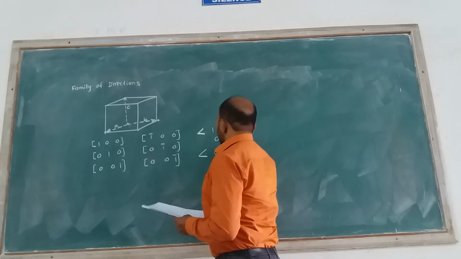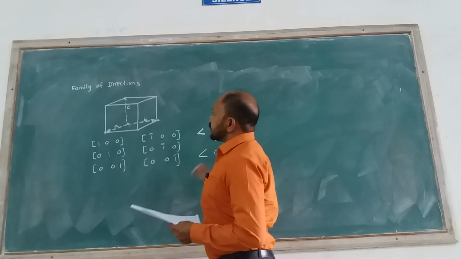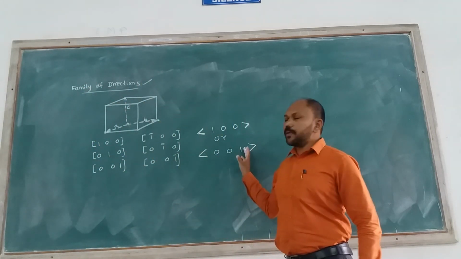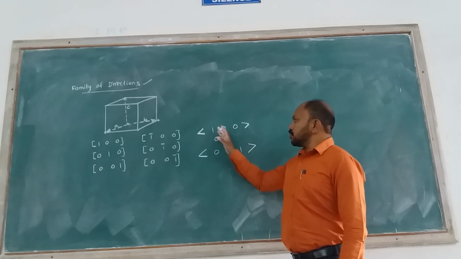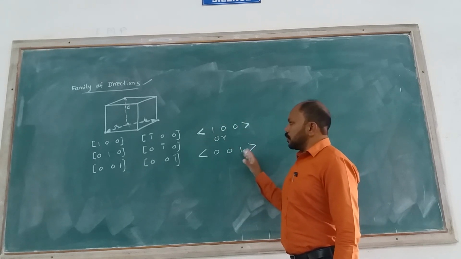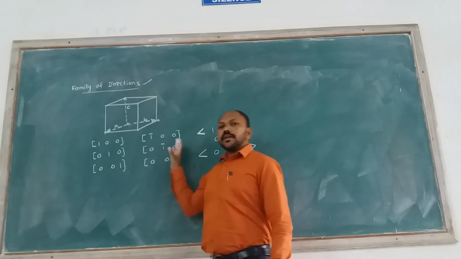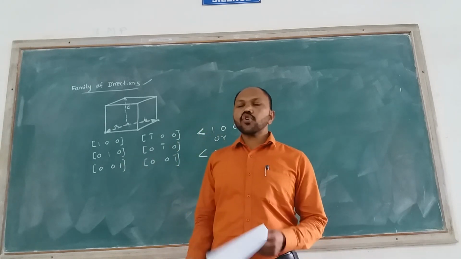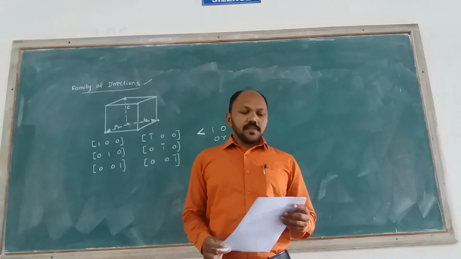For example 0 0 1, and this is called family of directions. Either you use 1 0 0 or 0 0 1. Family of directions means it considers all these 6 cases together. So that is called family of directions.